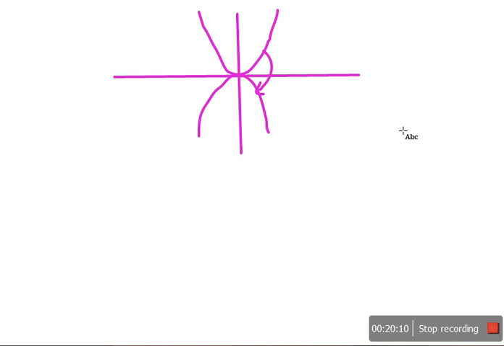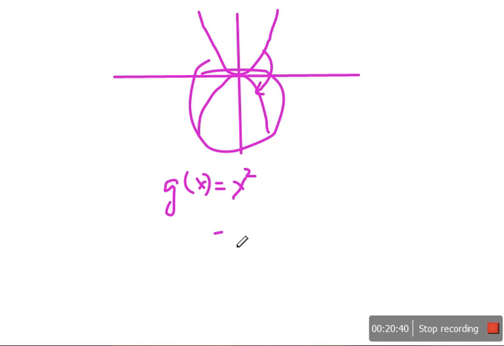Yes, both. But with only -1, there would be no stretchness, because you have to take a number greater than 1, or a number lesser than 1. So one can just keep the same function, and just reflection would occur, no stretchness. Say g of x, this function, is x square, and for -1 you got -x square.